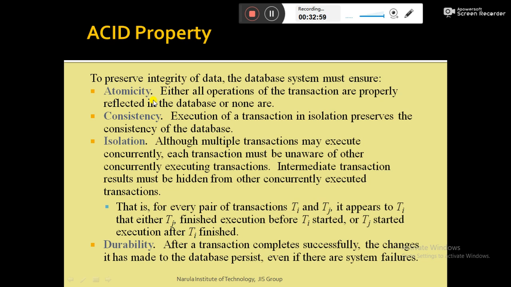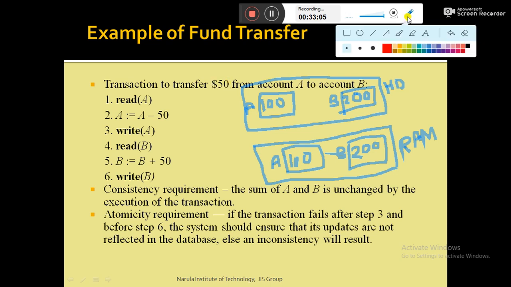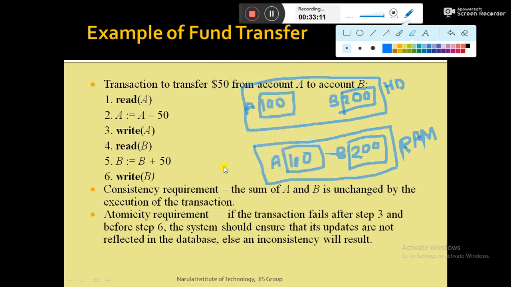Let me explain it with an example. Go to the previous slide. Let's discuss the atomicity property; we have already discussed consistency. Let's discuss atomicity with the same example. Suppose a person wants to transfer $50 from account A to account B. Same example.